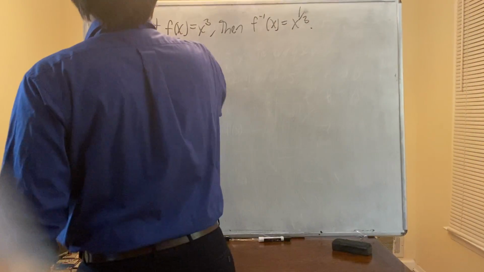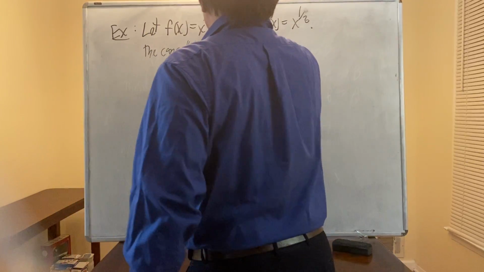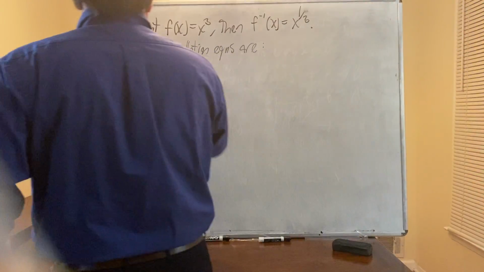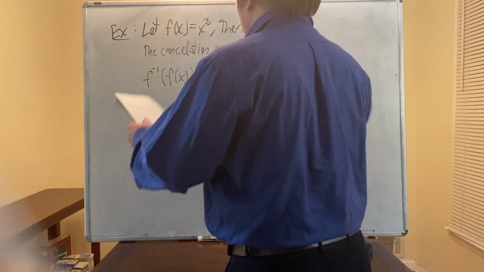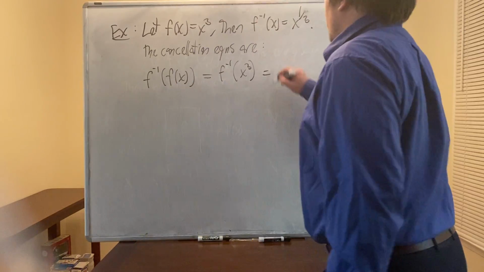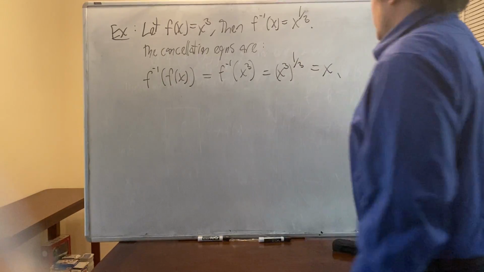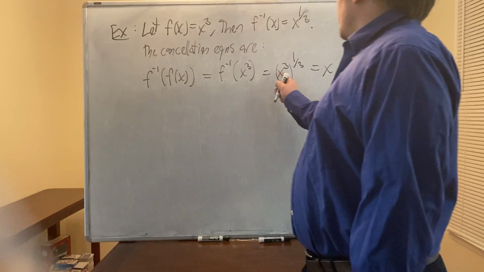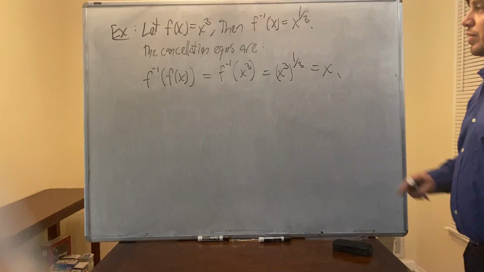The cancellation equations are: f inverse of f of x is equal to f inverse of x cubed, which is equal to x cubed to the 1/3, which is x. Okay, so f inverse of f of x is f inverse of x cubed, which is x cubed to the 1/3, which is x.